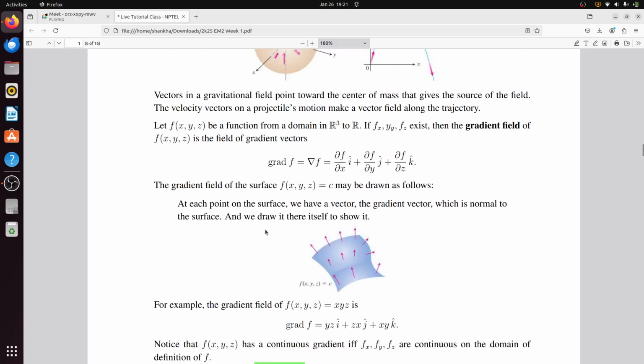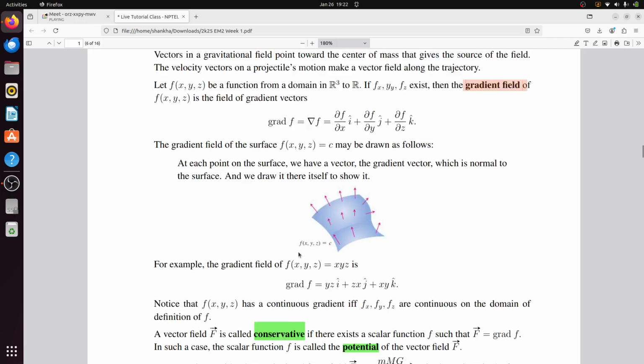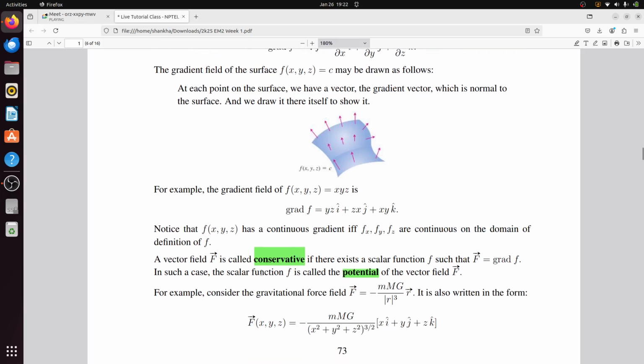There are a few definitions, such as what is called a gradient field. There are also a few technical terms which you need to remember, such as conservative and potential. You can say that a vector field is conservative if you can write it as F equal to gradient of phi, or gradient of f, any notation.